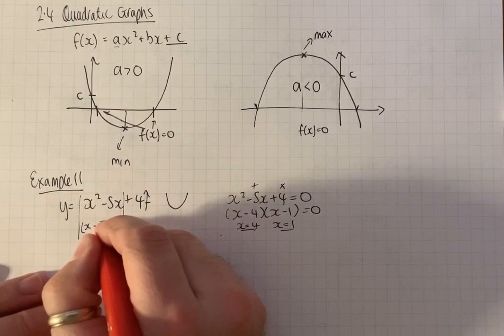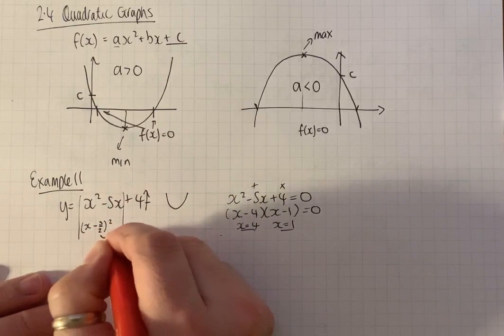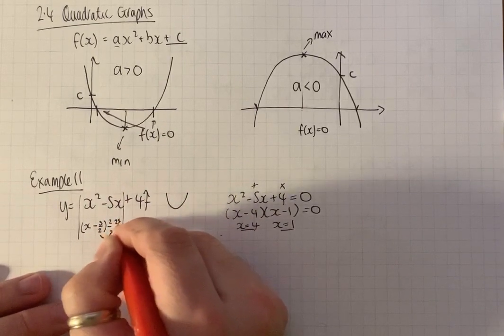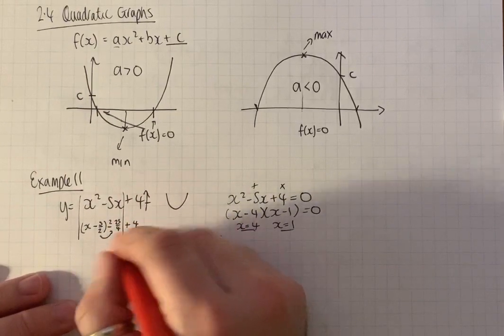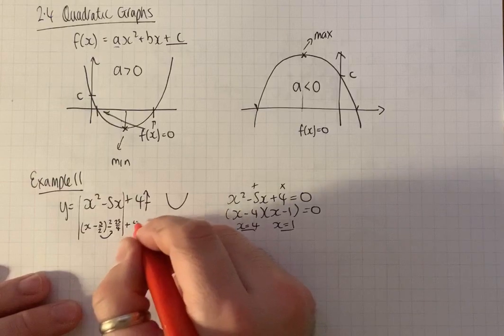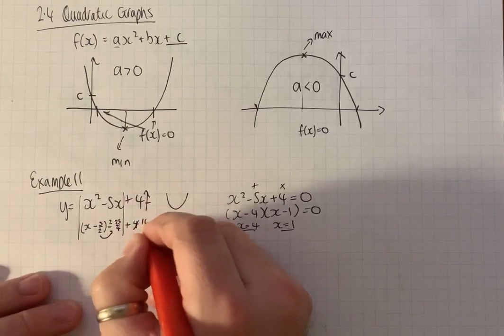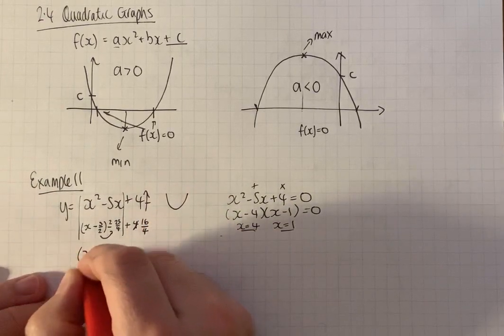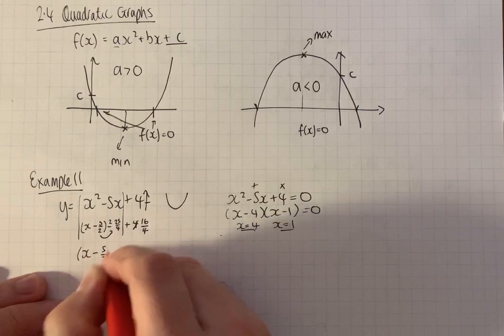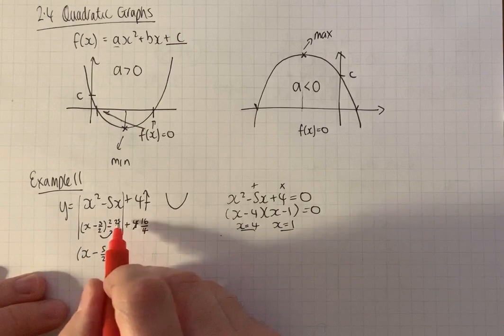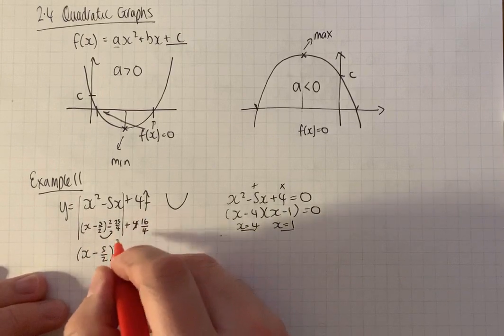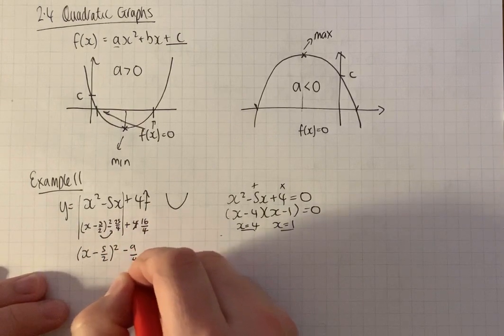Slightly more awkward because half of 5 is 5 over 2, then you square that, 25 over 4, plus 4. Now, in order to combine these two, we need to make that a fraction where 4 is the denominator, 16 over 4. So that'd be x, take away 5 over 2 squared, and then I've got 16 quarters, take away 25 quarters, which would be minus 9 quarters.